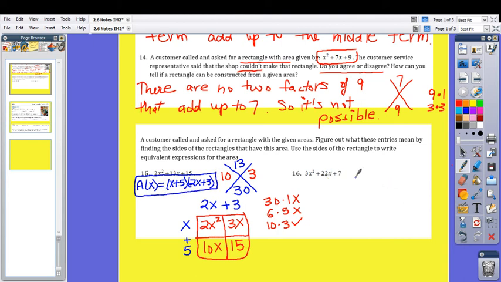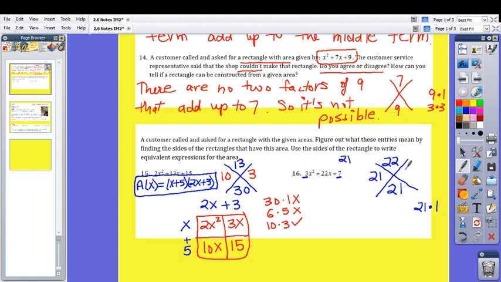Okay, let's do this one. And in this one, again, this number goes here, so 22 will go here. And then 3 times 7 gives you 21, so 21 will go here. So now you are looking for 2 factors of 21 that, if you add them, you get 22. This is easy because 21 times 1 is 21. 21 plus 1 is 22.